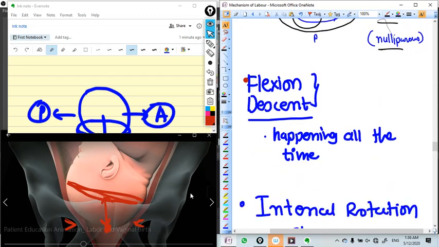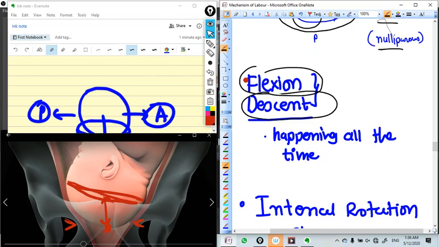Now, let's go ahead. Two things, that is flexion and descent. It happens continuously in labor. Descent is happening all the time. Flexion of the head is happening all the time. Remember one thing, if the fetus has to pass through the pelvis, it has to bow down its head, like a flexed head.